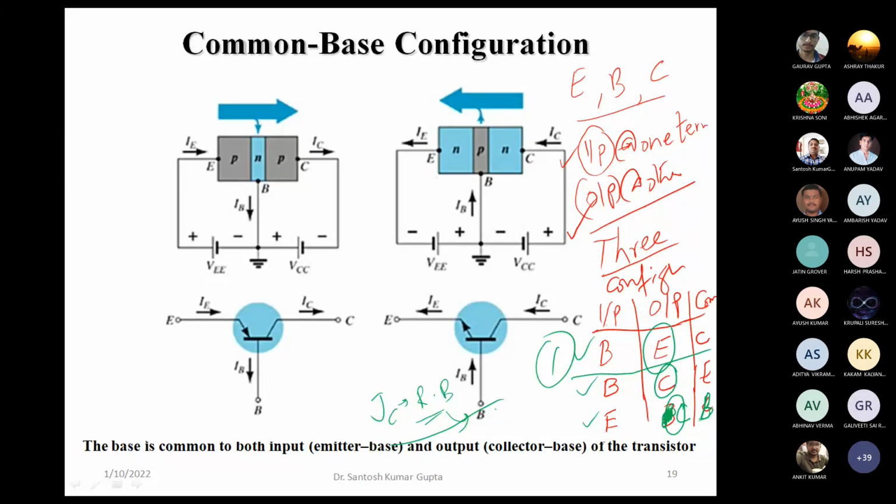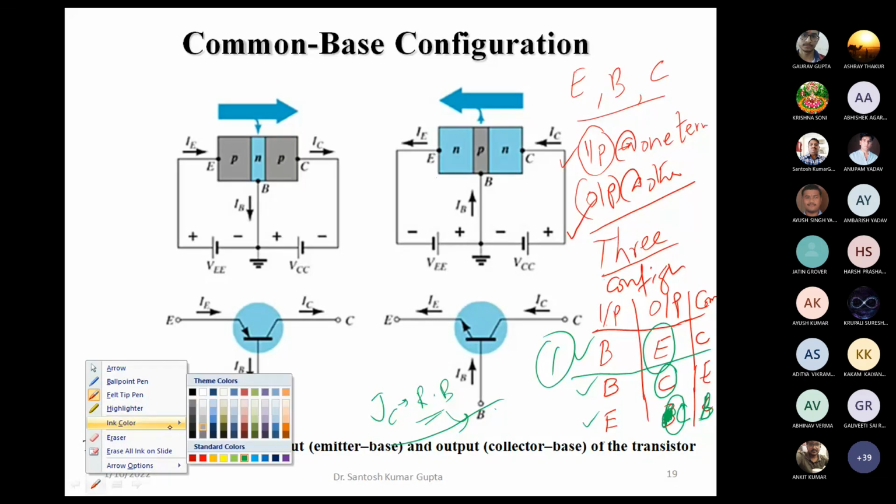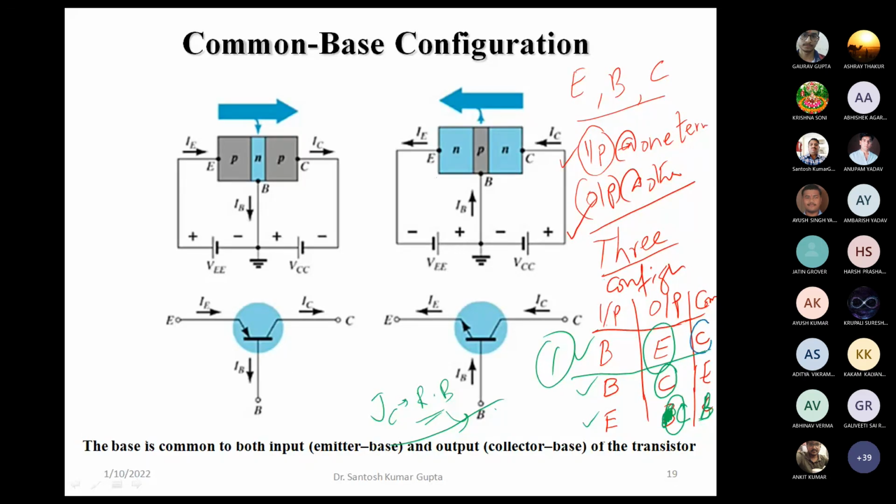We have three different configurations depending on which terminal is kept common. In the common collector, base and emitter are used as input and output.